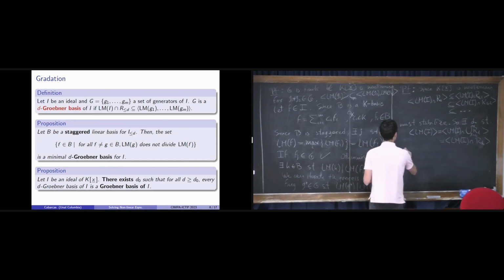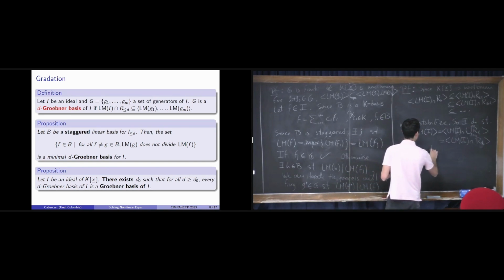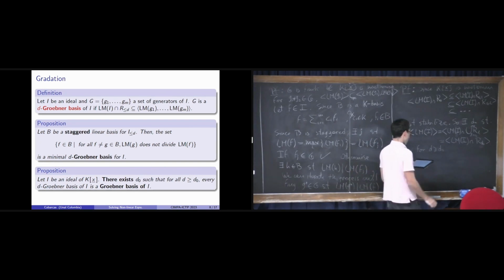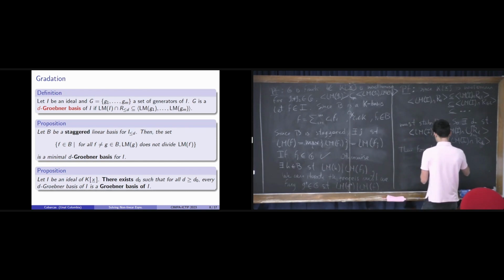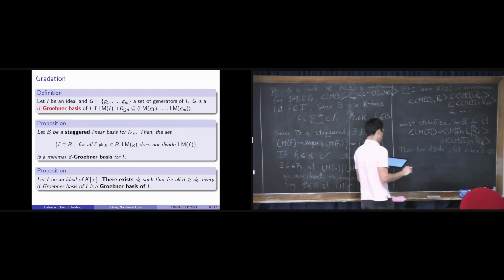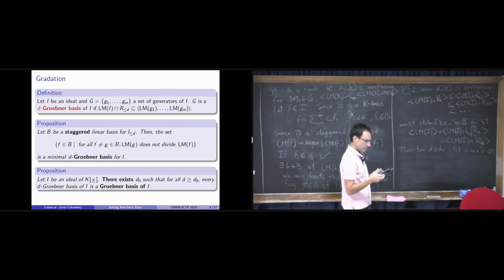Now, then, for any D larger or equal to D0, let's suppose we have a D Groebner basis. Let's suppose G is a D Groebner basis for some D larger or equal to D0. That's what the hypothesis is saying.